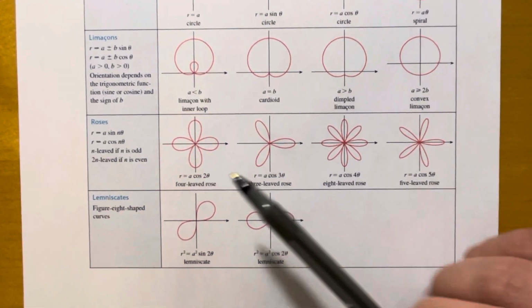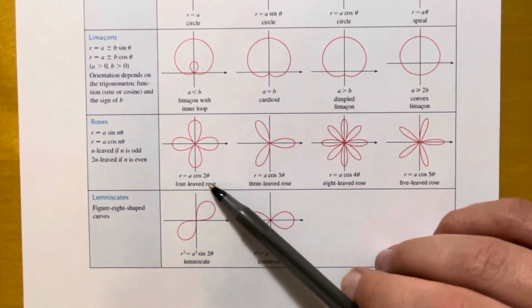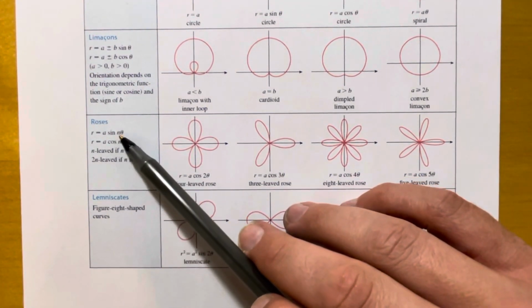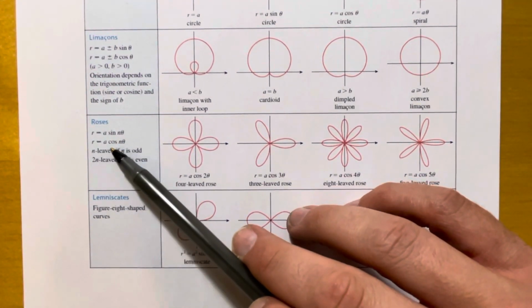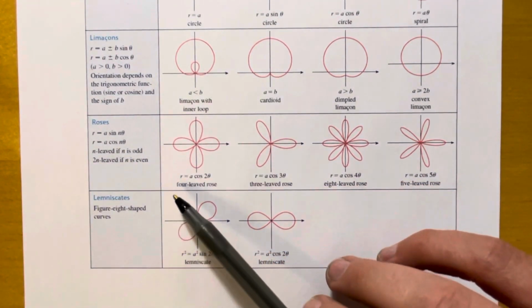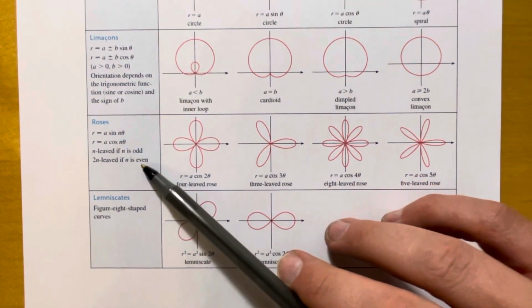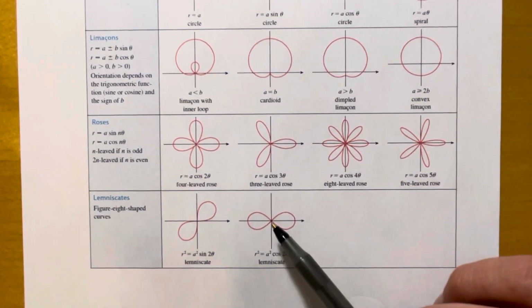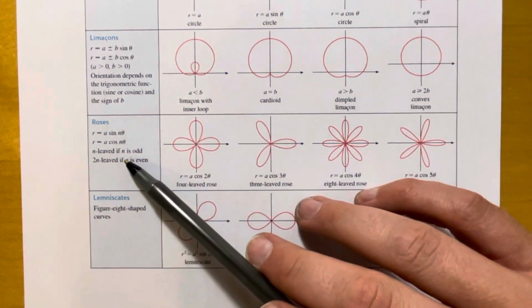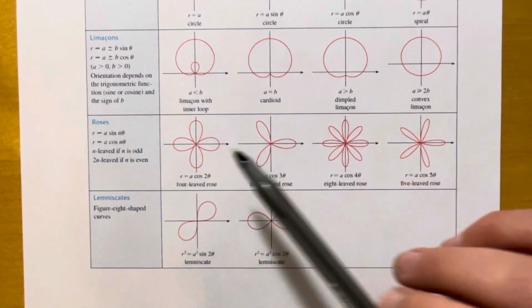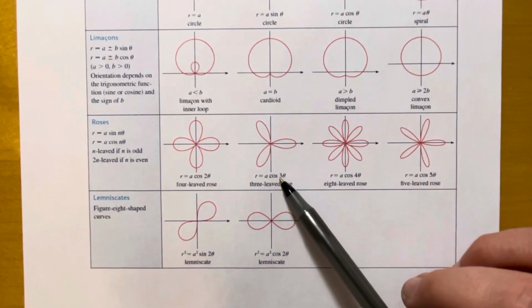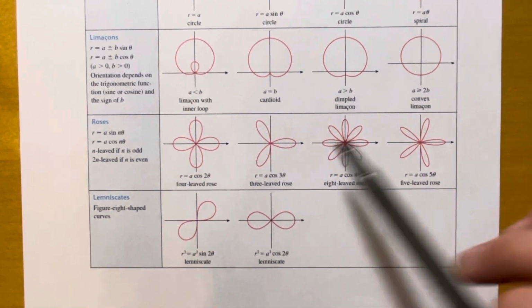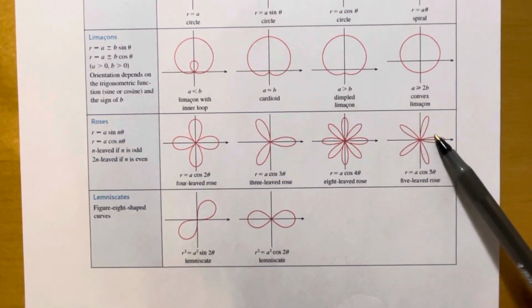The pattern you may notice, which is mentioned here, is that if I just call it r equals a sine of n theta, or r equals a cosine of n theta here, then whether n is even or odd comes into play when we're determining how many leaves these things have. So if n is an odd number, then that is exactly how many leaves it'll have. Notice cosine of 3 theta had 3 leaves. Cosine of 5 theta, 5 leaves.